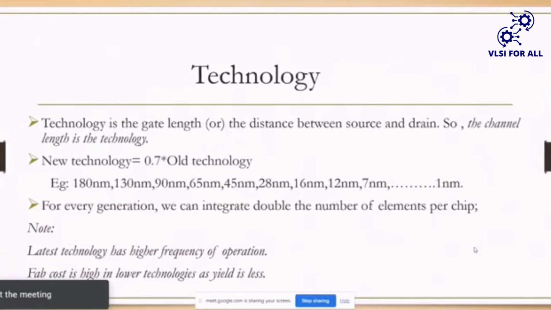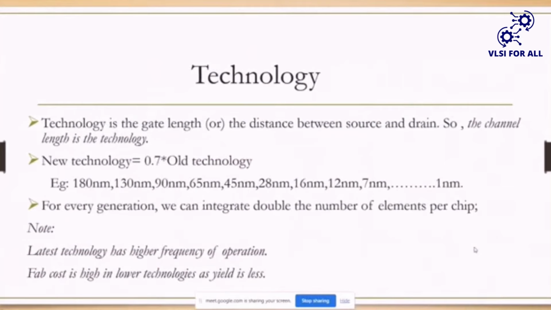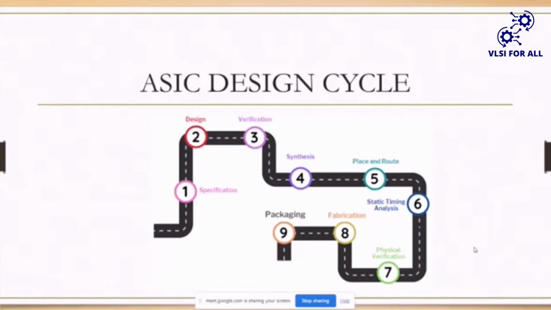So let's get started. In the first session, we discussed some basic terminologies, like what the goals of PD are and how the technology is decided, and what about the latest technology.